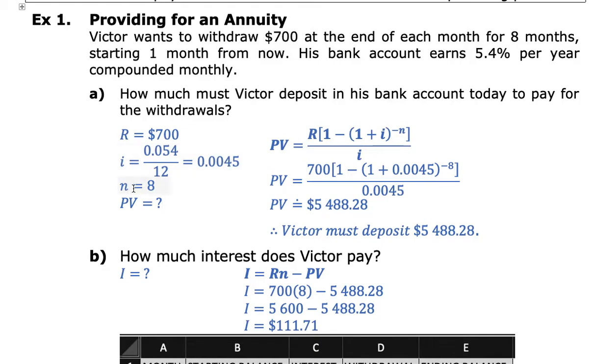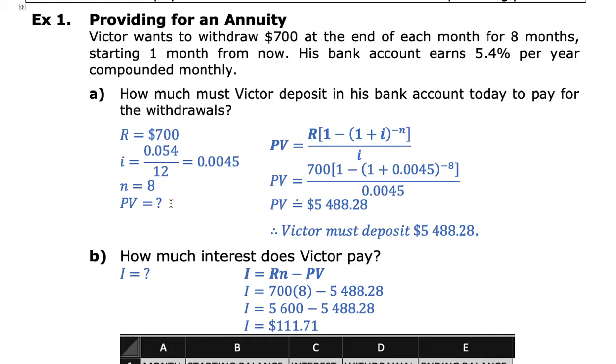N is the number of compounding periods. If we are making withdrawals at the end of each month for 8 months, there's a total of 8 compounding periods. What is unknown is the present value. How much needs to be in this account today to be able to slowly make withdrawals from it over the course of our retirement?